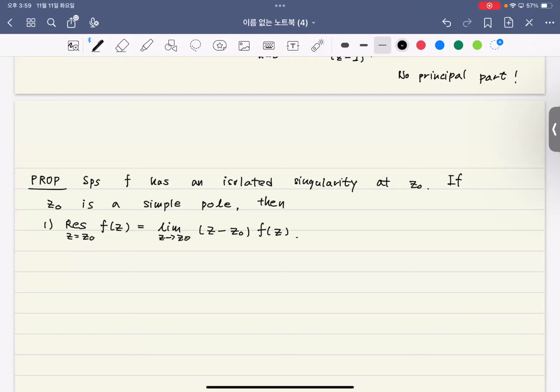Kind of, right? Provided that this is a simple pole, the least negative power of the Laurent expansion should be b1 over z minus z0.